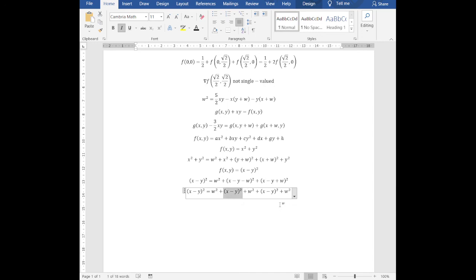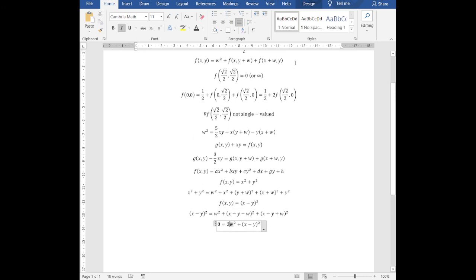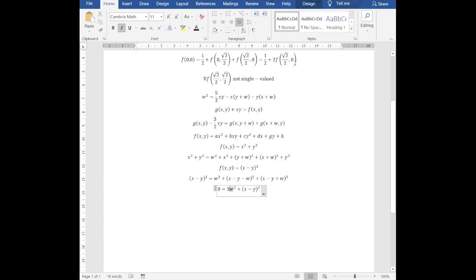That would then get... which isn't true, because I know W squared has a square root in it. So that can't possibly be right.